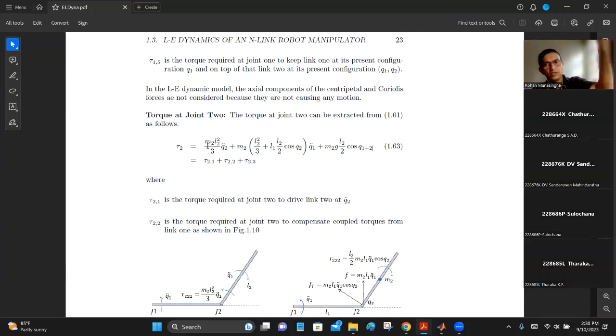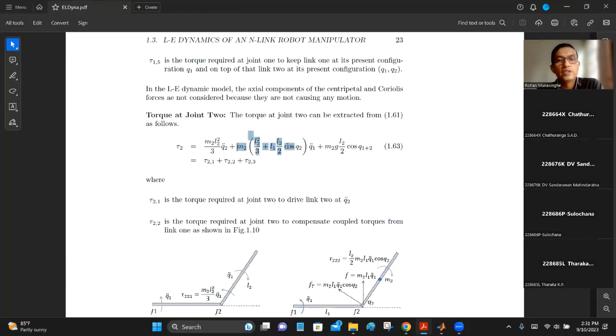But if you look at this joint here, we call the inertia at the center of the link, right? But here, the joint is somewhere here, so you have to get the effective inertia as seen by the joint over here using the parallel axis theorem. So that's why you get this M2 L2 square over 3 Q2 double dot, right? This is not the inertia at the center of the link, but the inertia at the joint.